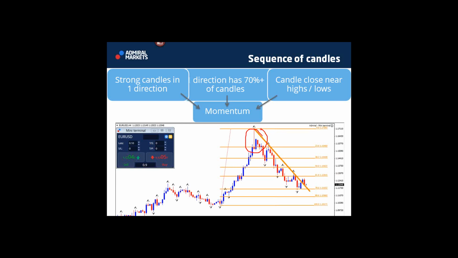Now, in this case, because the momentum was so strong, I think that even a smaller candle would have been enough. This is a very big candle, but if it would have been something like half that candle, it would have been already probably enough for me, right? But this was more than big.